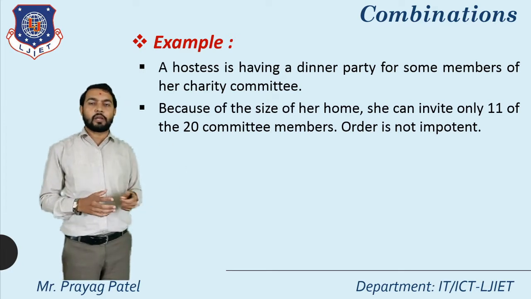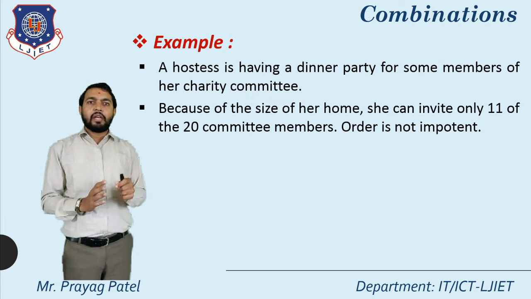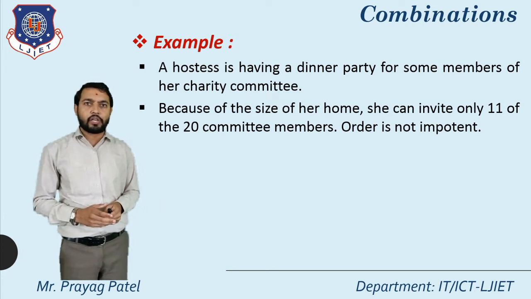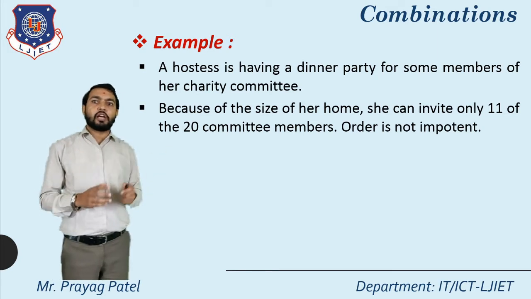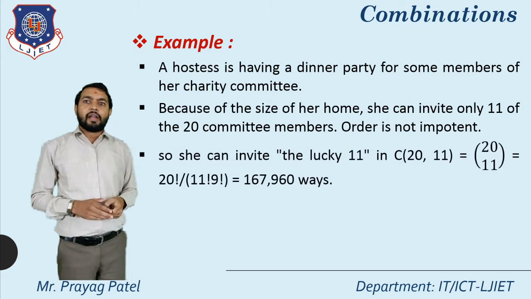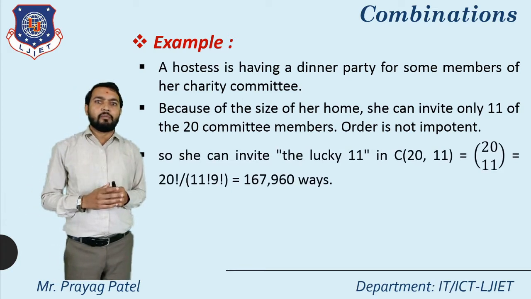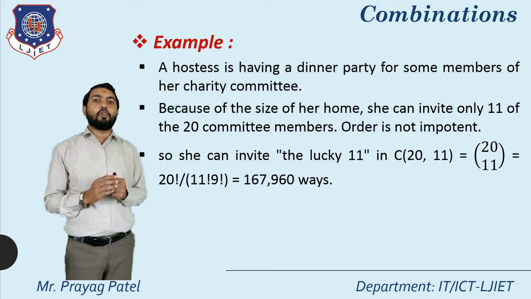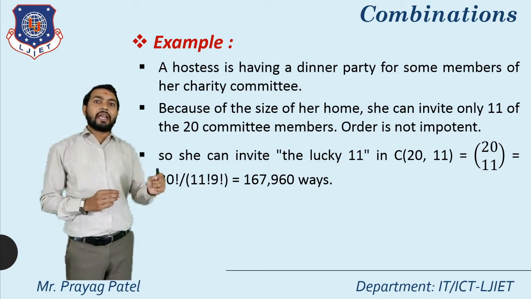Here order is not important because we randomly select only 11 elements in any order. So this is an example of combination. She can invite the lucky 11 members in C of 20, 11 ways, because total n equals 20 and r equals 11.